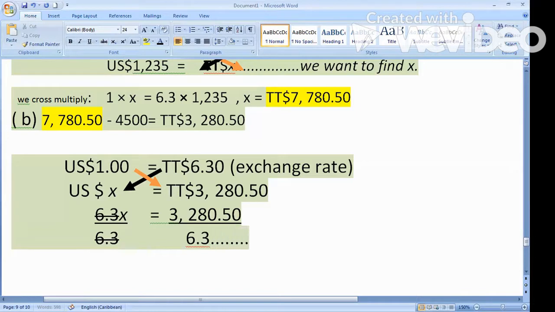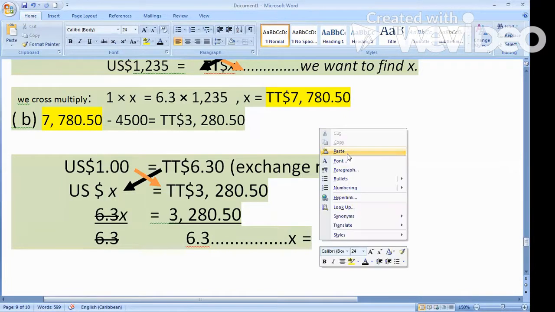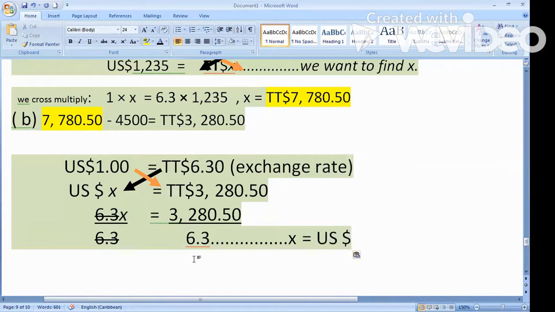All right, so remember X. X is which currency? US. Right. So what's 3,280 divided by 6.3? 520.71.